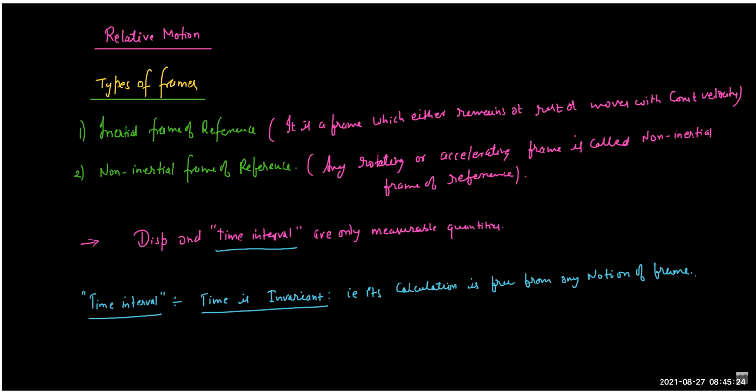Or in other words, I can say that if you wish to calculate the time, you are free to choose any frame of your convenience. And in fact, we must choose a frame which allows us to calculate the event easily. And that is the essence of learning this chapter called relative motion.